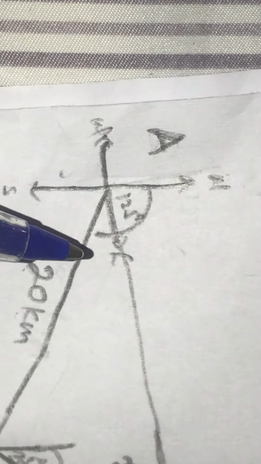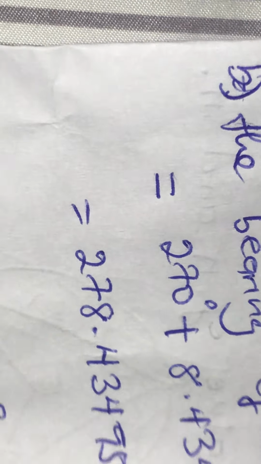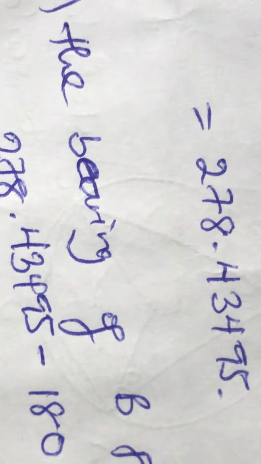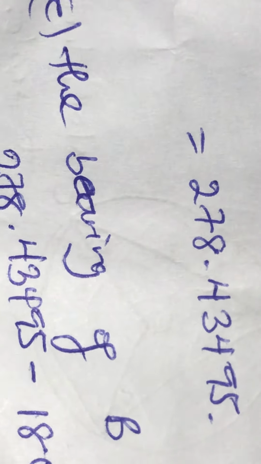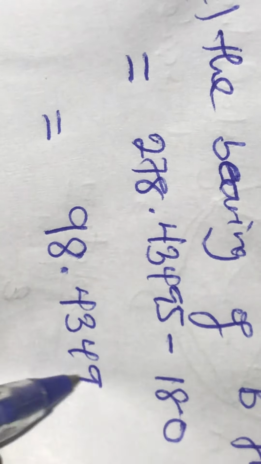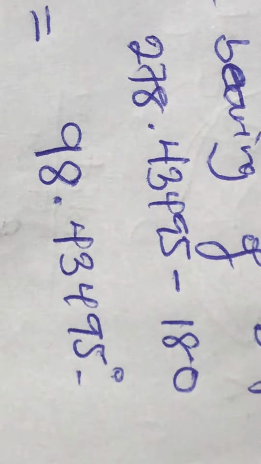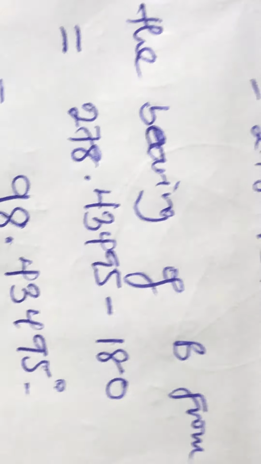You understand it? Great. So it becomes this 278.43495 minus 180. And that is giving us our final answer to be 98.43495 degrees. I believe you were able to get the final answer with me.